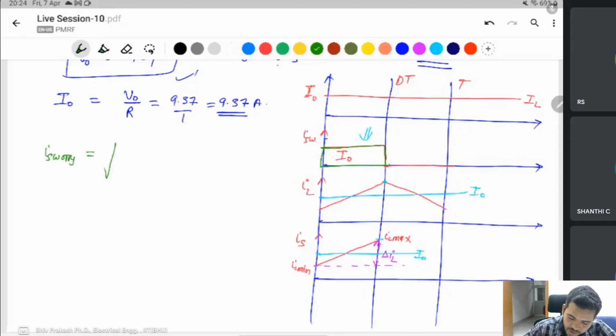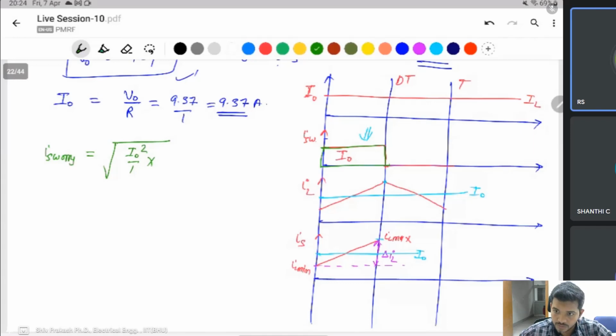It is the root of the magnitude squared, times 1 over the time period, integrated over dt, divided by T. So it is I naught into root D.